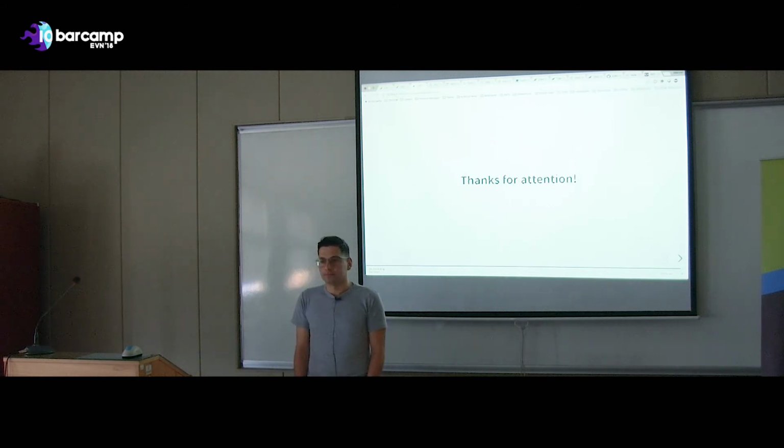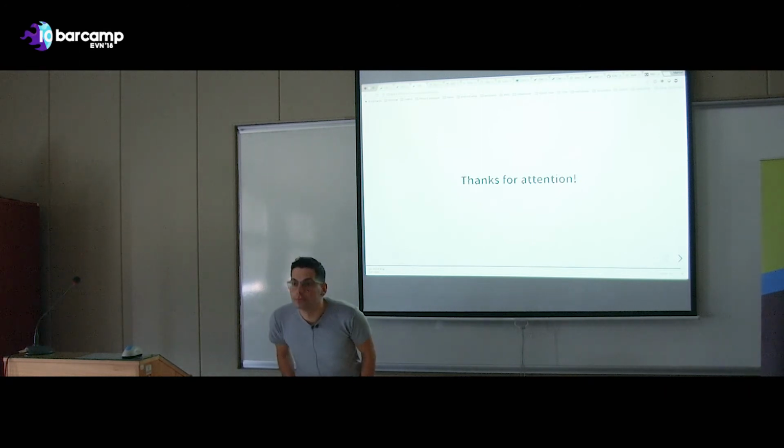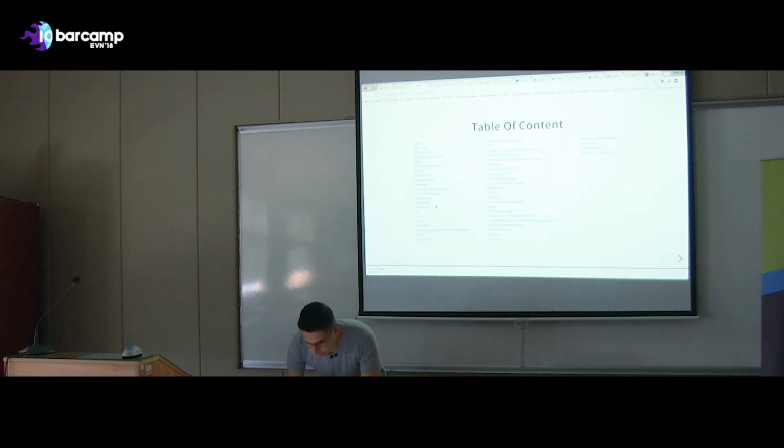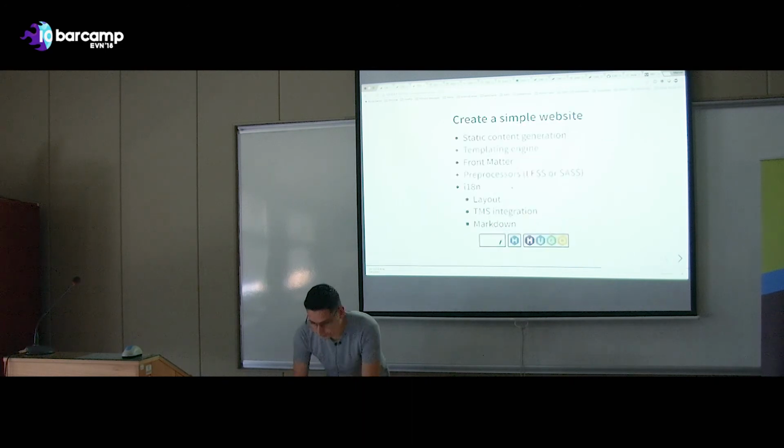For Jekyll, what do you recommend? Let's say I don't want to leave Jekyll for GitHub Pages. What would you recommend for i18n now? Sorry? So let me go back to the slide.